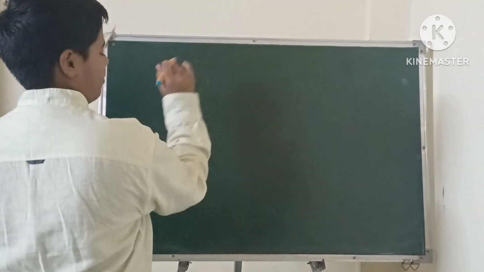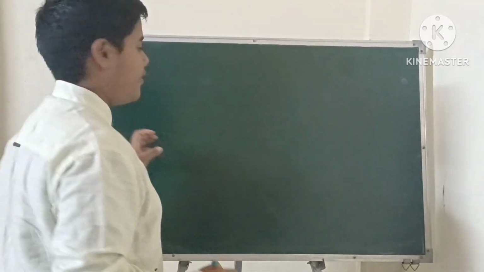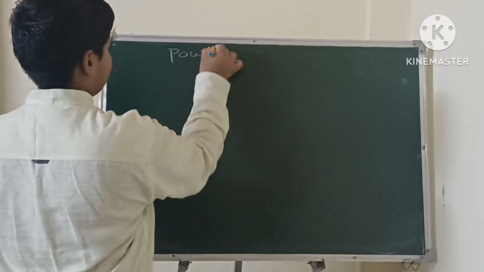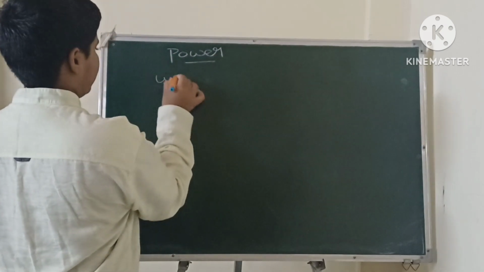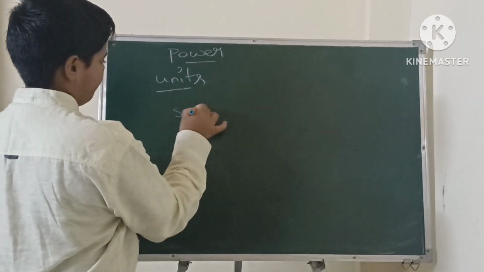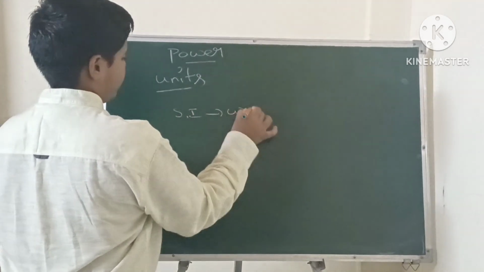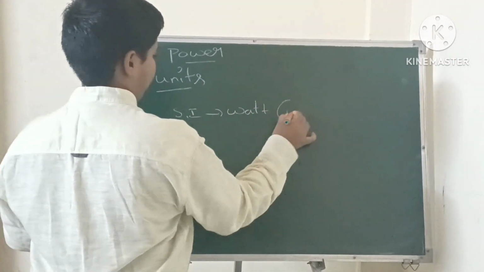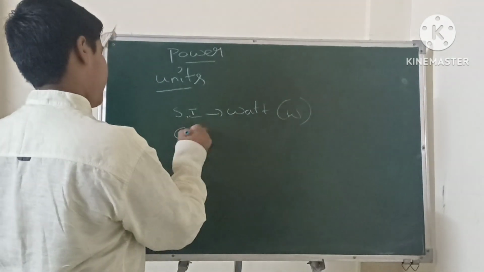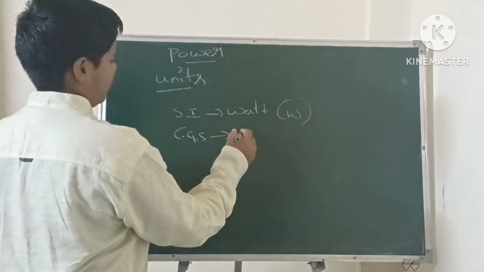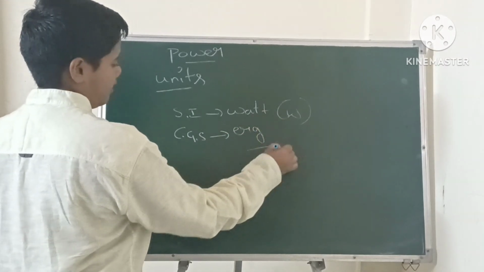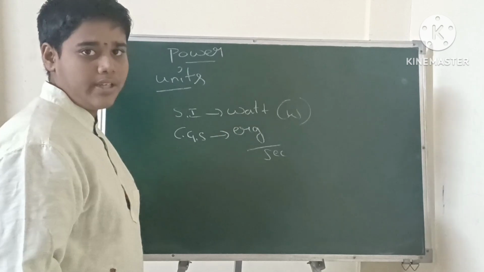And next topic, we learned the power units. The SI unit is watt, capital W. Okay. And the CGS unit is erg per second. We have to write it like this only, erg per second. Okay.